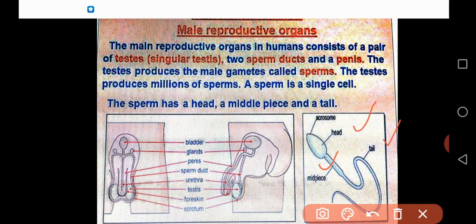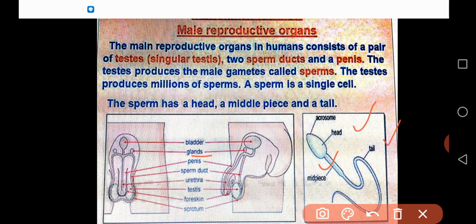The male reproductive organ also contains some glands. Glands like the prostate gland and seminal vesicles add their secretions, which make transport of sperm easier, and the fluid provides nutrition to the sperm. What is a gland? A gland is a small organ that takes part in production of hormones.